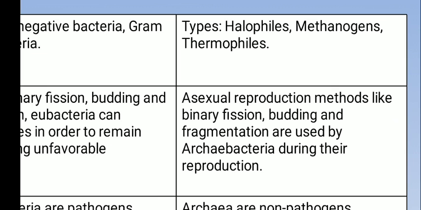Anaerobes means they can grow in the absence of oxygen, and they can produce methane from carbon dioxide and hydrogen. Methanogens are the microorganisms which can produce methane by using carbon dioxide and hydrogen.